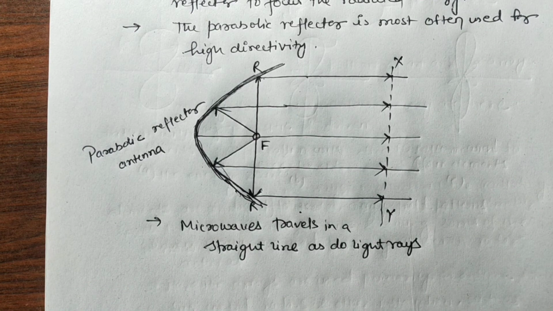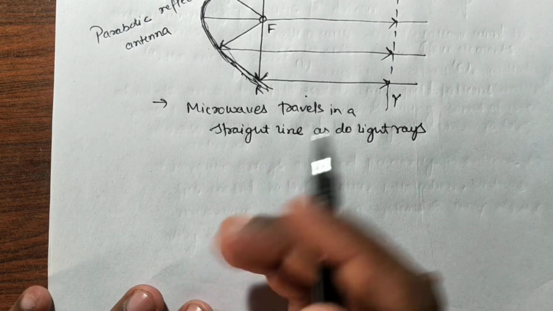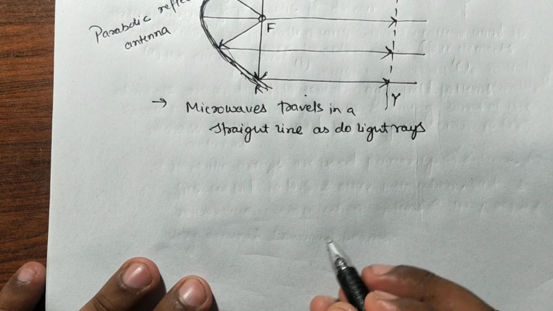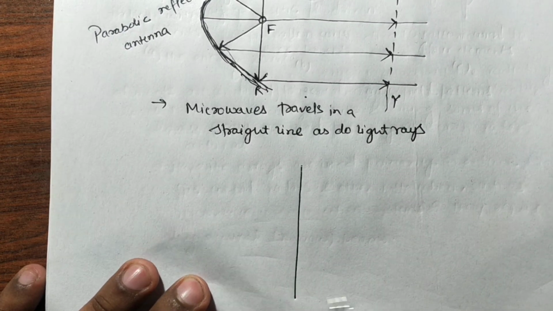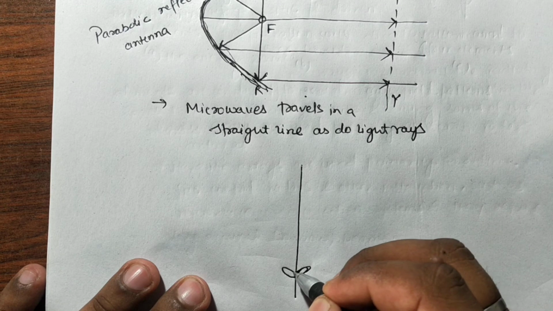So let me draw one more figure associated with this reflector antenna. These are the minor lobes.